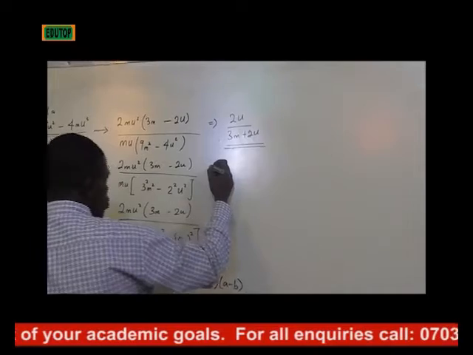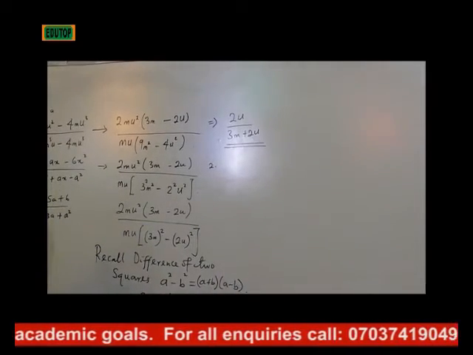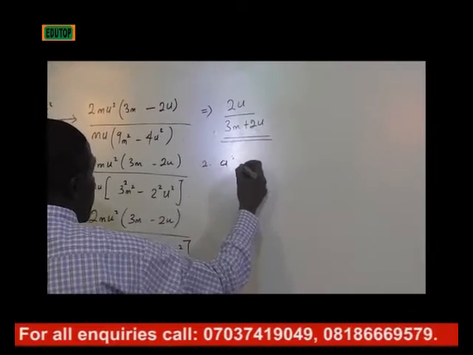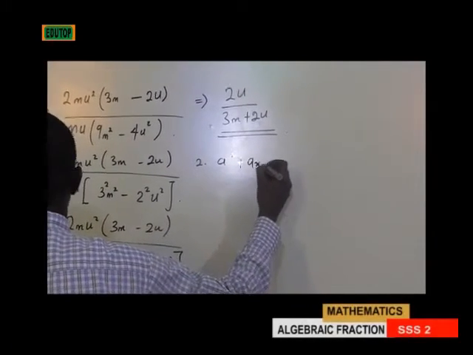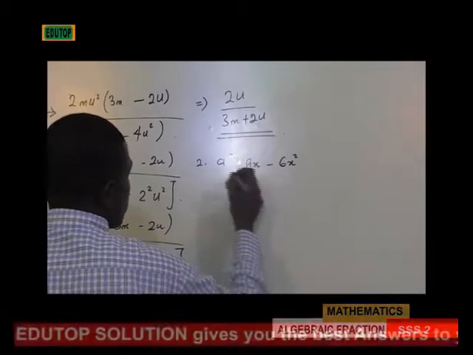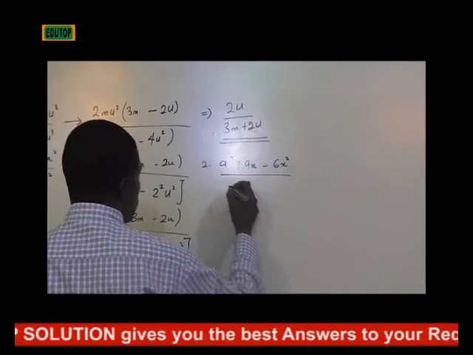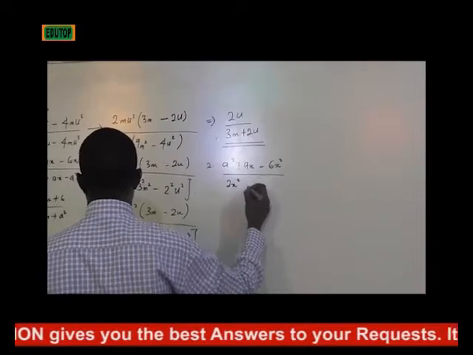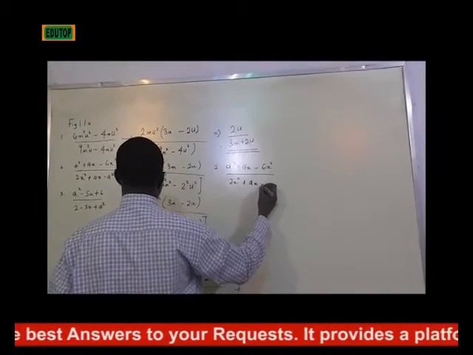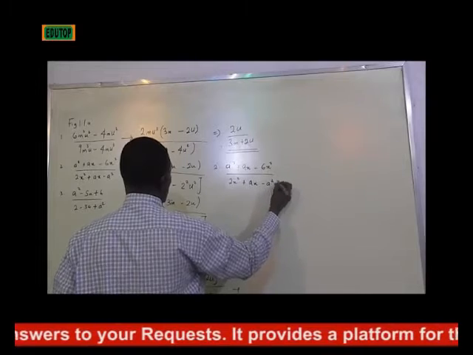Then number 2, I have a square plus ax minus 6x squared over 2x squared plus ax minus a squared.